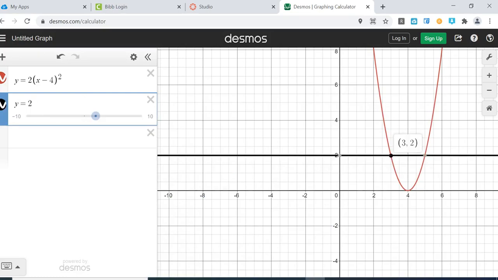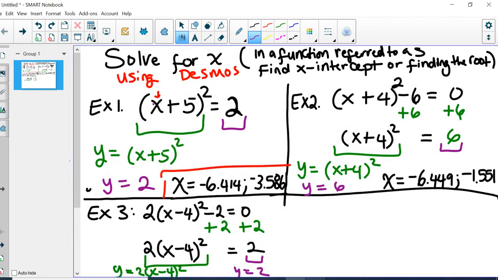And I get my solution here is 3 and 5. So I'm going to say x is equal to, we get 2 solutions, x = 3 and x = 5. Especially if it's whole numbers like this, you can go ahead and check it for yourself by plugging it in.